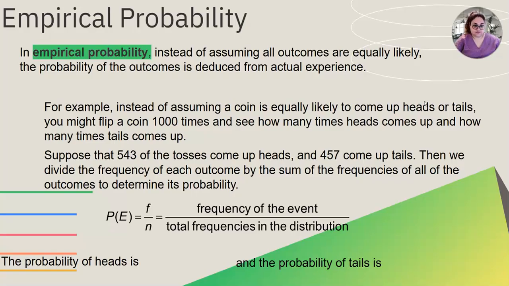So let's say we've done this. 543 of these tosses are heads and 457 are tails. So we've run an experiment and this is what we have. We can divide the frequency of each outcome by the sum of the total frequencies, and that will be our probability.